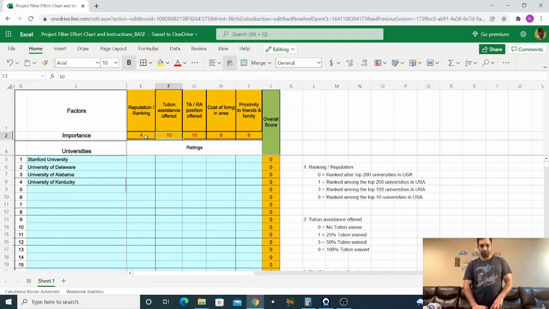So reputation ranking is somewhat important to me. I gave it a rating of 4 because when I was working in the industry, well, I personally did not attend one of the Ivy League universities here in the U.S., the top 10 universities or whatever.